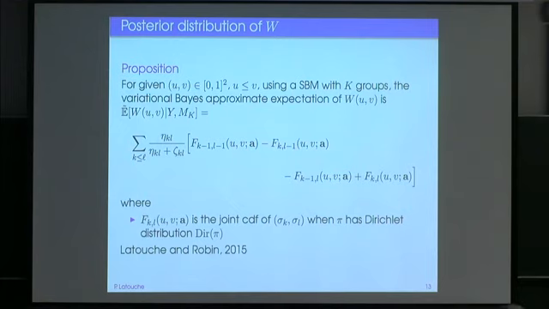You pick 2 points U and V, and this is the expected posterior distribution of the graphon at point U and V, given the data, and for now the number of clusters is fixed. I'm not going to go into the details, but basically this is a sum over these terms, which are joint cumulative distribution functions of Dirichlet distributions.